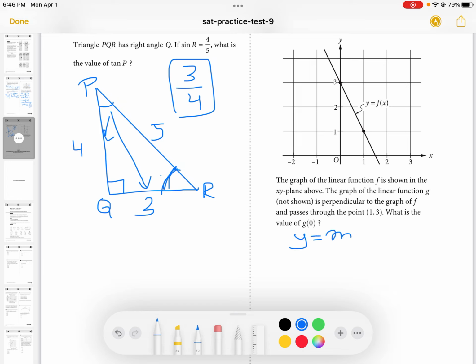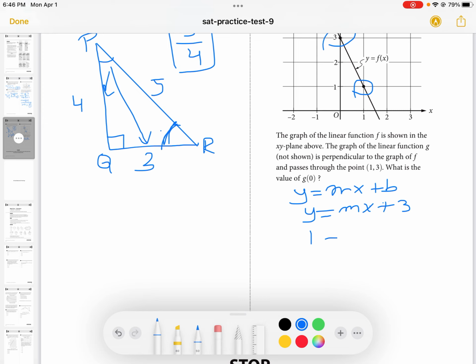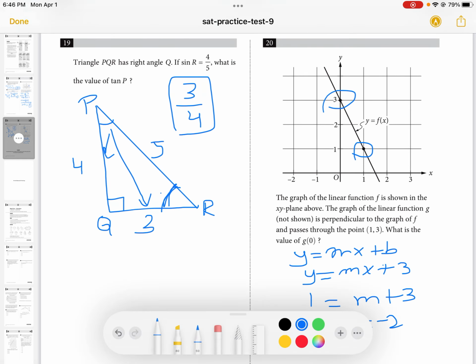So slope-intercept is in the form y equals mx plus b. We know from the graph that our b value is 3, so y equals mx plus 3. And we have another point right here, 1, 1. We can plug it in. So 1 equals m plus 3, so m equals -2. Or you can find the slope another way. You can look at it like this.